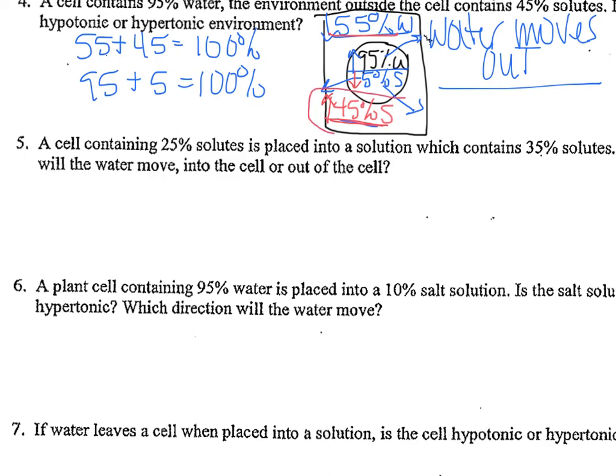And if we have high solute, or we eat lots of sugar, we are going to be hypertonic. So our environment for this problem is hypertonic. That means that our cell, if we look right here, is hypotonic. It has low solute. It's just going to be opposite of the solution.